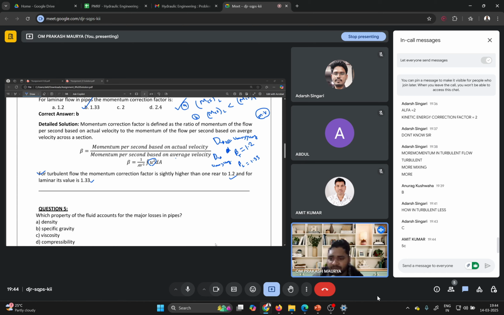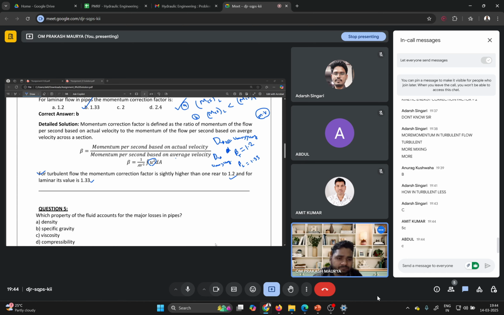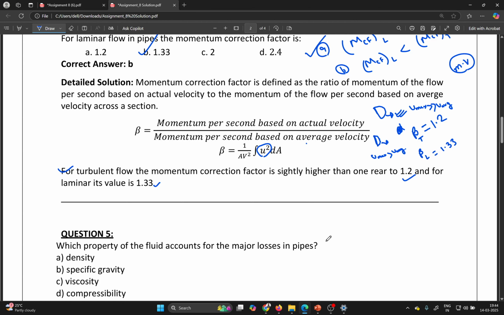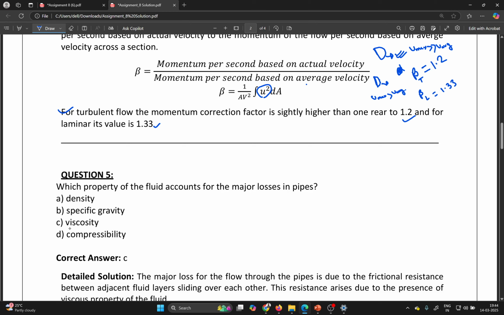Ahmed is telling C, viscosity. Okay. Others are also telling C. Everyone is telling option C will be correct. Yes, definitely C will be correct. Next question. So here option C will be correct for question number 5.